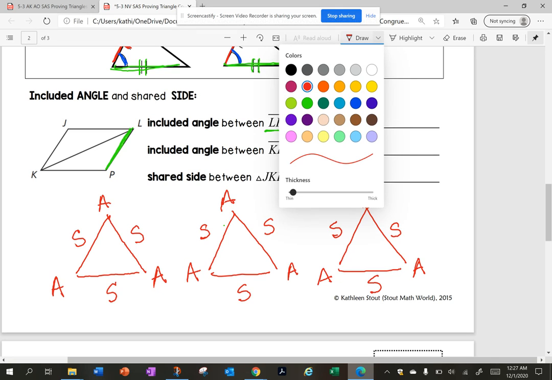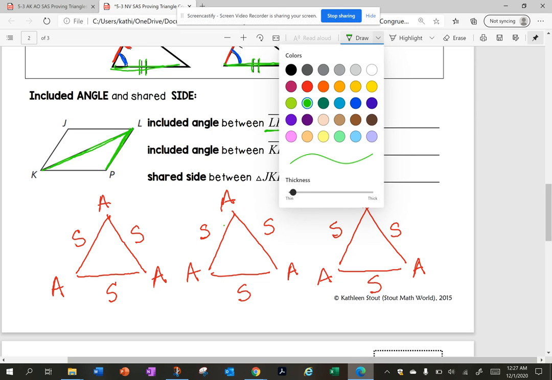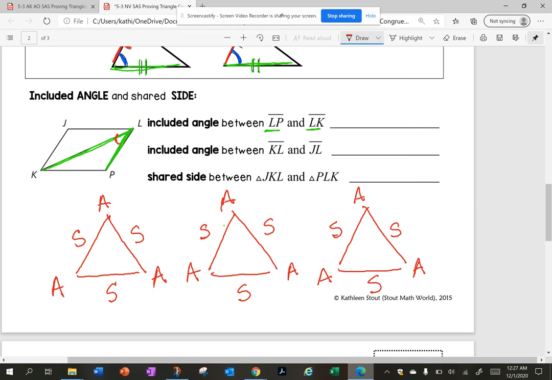Let's do the correct one. This is LK. All right. So the included angle is the angle between, so it's this angle here.